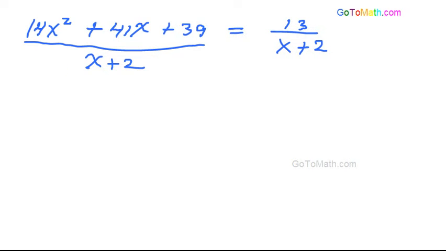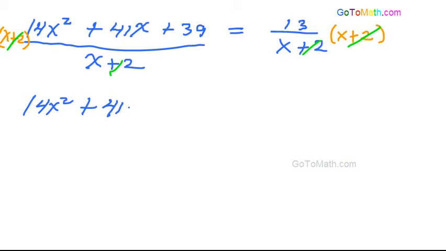So if we were to multiply both sides by x plus 2, these are going to cancel out, and now we're going to be left with 14x squared plus 41x plus 39 is equal to 13.